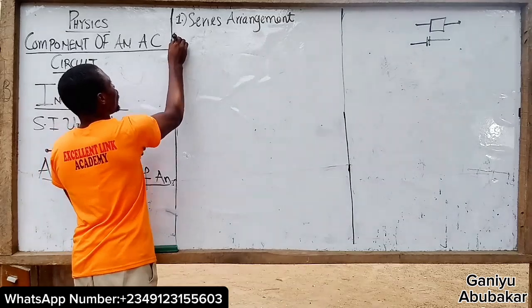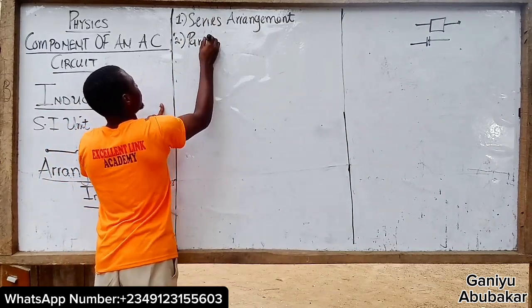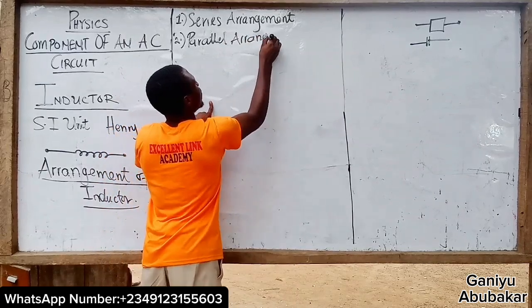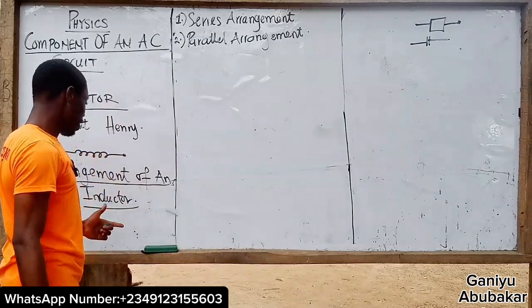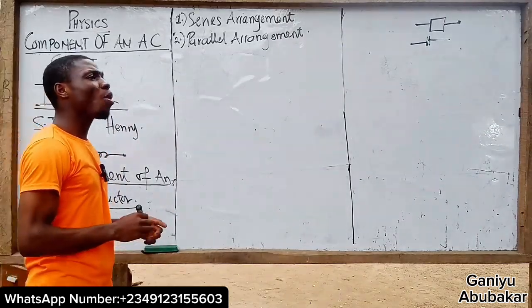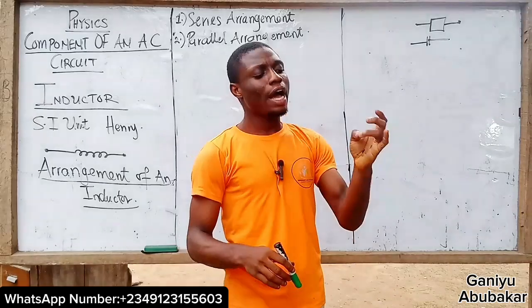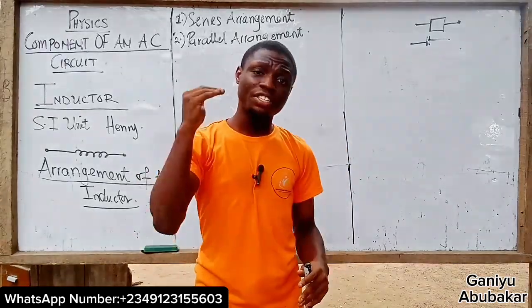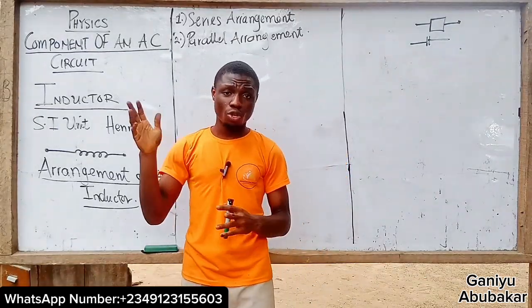The second one is the parallel arrangement. Observe that for our very first class on resistor, capacitor, and now inductor, there are just two ways of arranging: series and parallel. Observe that similarity between those concepts.